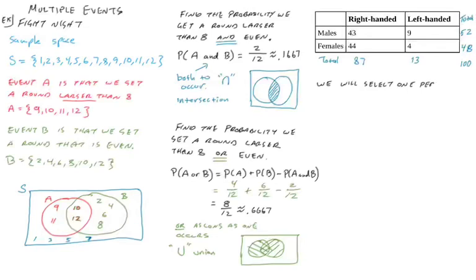Okay, so we're going to select one person here at random, and then we want to know what is the probability that the person is a female. And we're going to use this notation of P of F in this case.